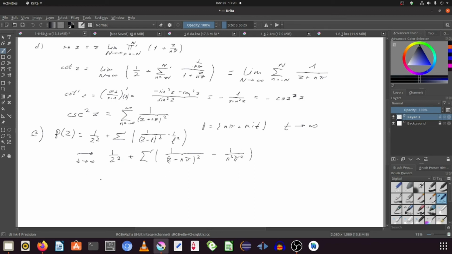So we get squared minus this sum, and the factor 2 comes from collecting the negative and positive values of n.